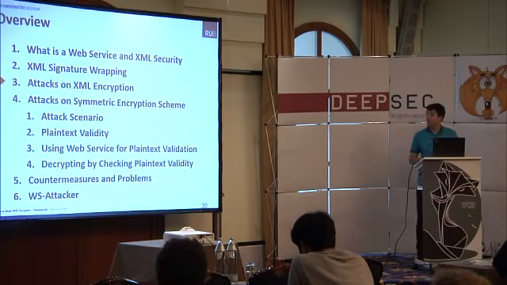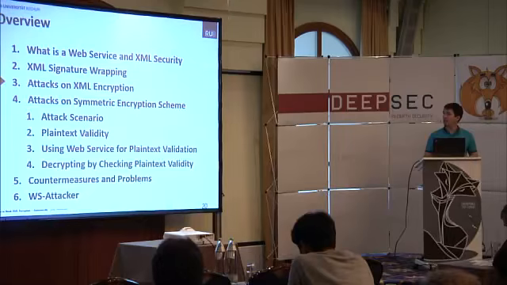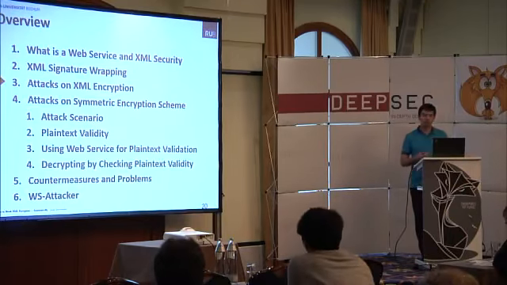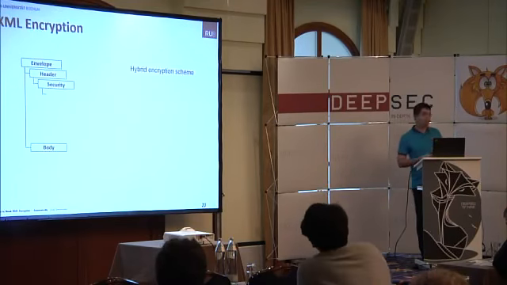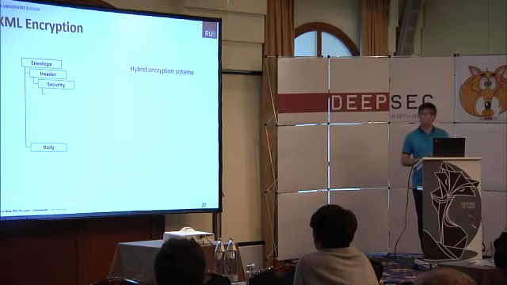Okay, so let's start with the attacks on XML encryption. I will first give you a basic explanation of how the attacks work, and the scenario, and then I will go to the concrete description of a specific attack. In most cases, we use a hybrid encryption scheme in XML encryption. What does it mean?